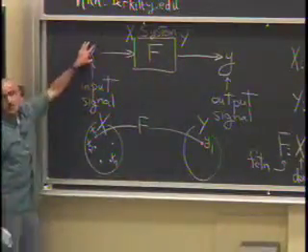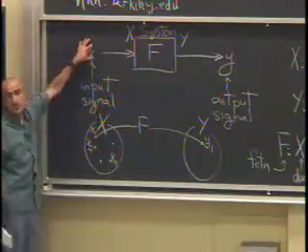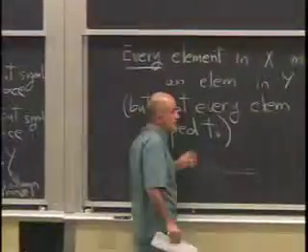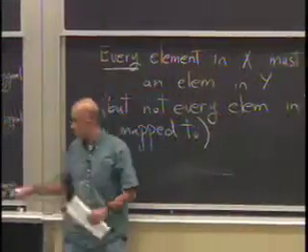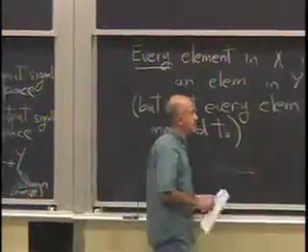Now, what are some of the types of elements in cap X that I'm talking about? I'm not going to go into the particular rule that says, how do you map X1 to Y1? We're not there yet.